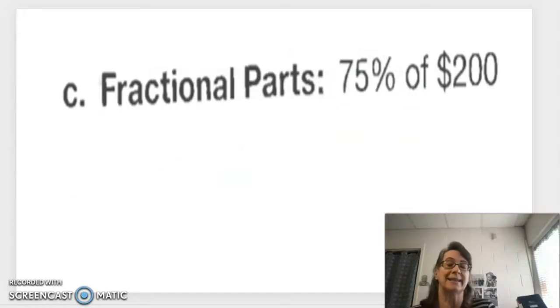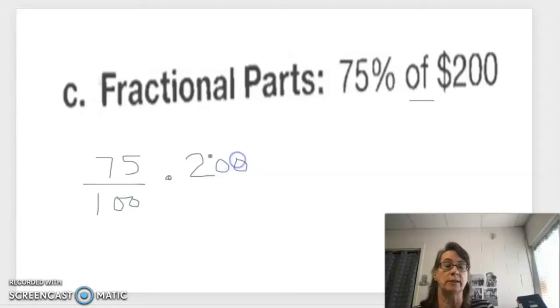Fractional parts. 75%, in my mind, I would write this as 75 100ths, which is then multiplied. The of, remember, is always times $200. And we could do this two ways.